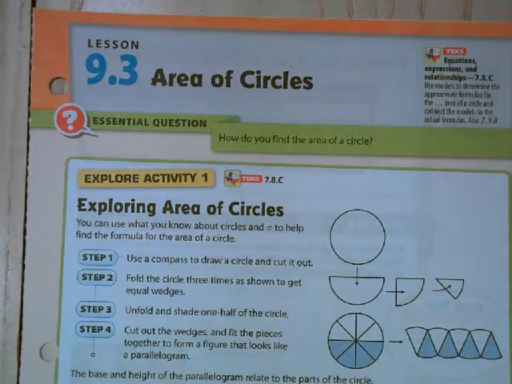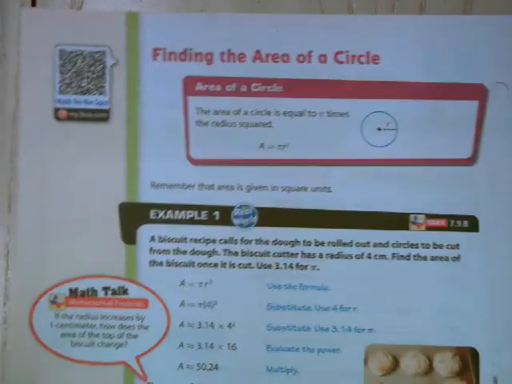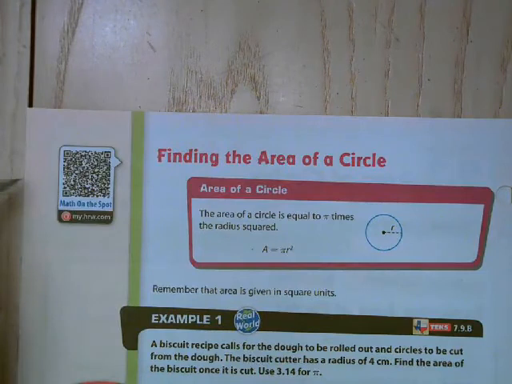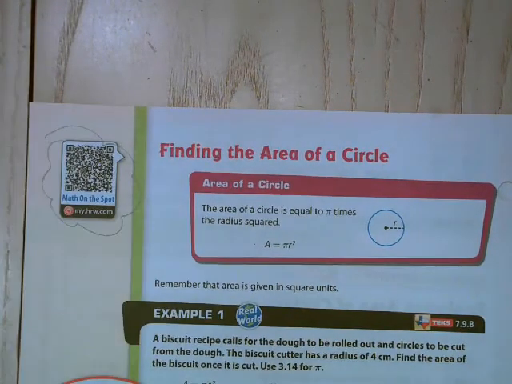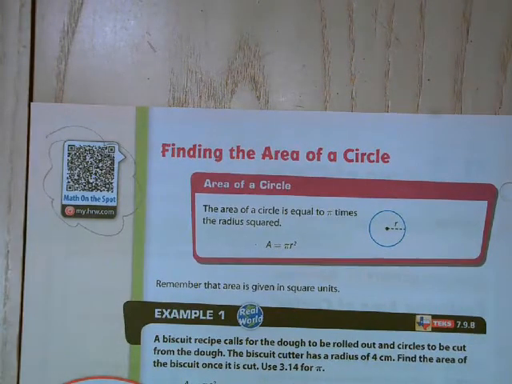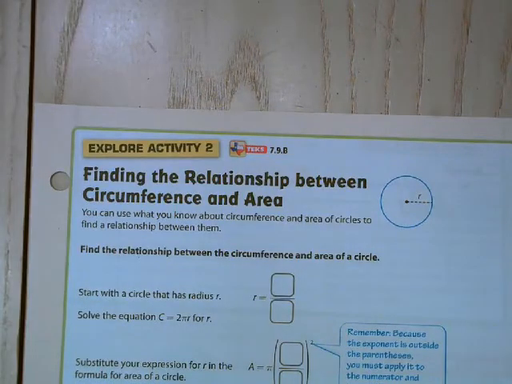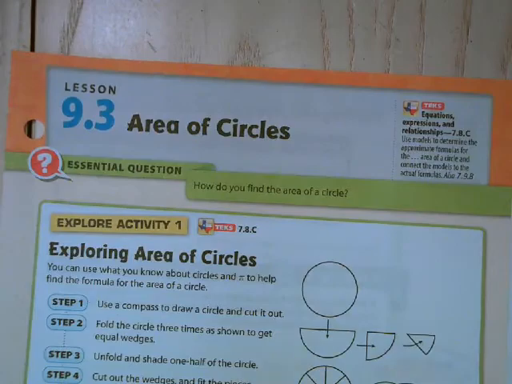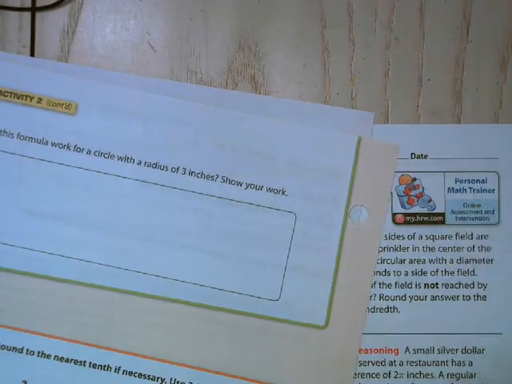So you are welcome to walk through the steps if you'd like. You can go online and watch the Math on the Spot with Professor Ed for finding the area of the circle. You can also go on and do some of the questions. I'm actually just going to jump right in to doing some examples and talk a little bit about this.